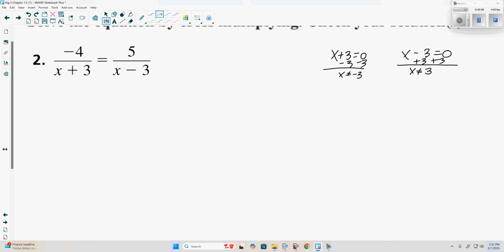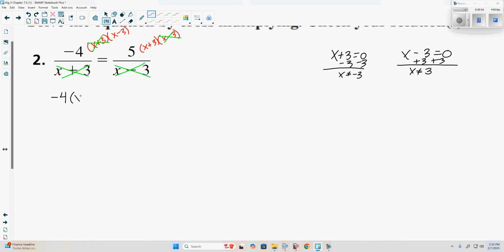What are we going to multiply everything by? x plus 3 and x minus 3. And since the x plus 3 and x minus 3 only showed up once in each of the different denominators, we only need it once. x plus 3, x plus 3. x minus 3, x minus 3.